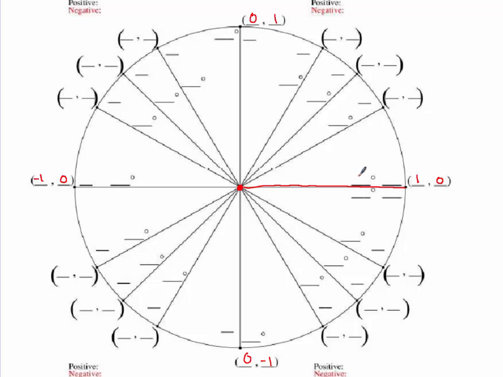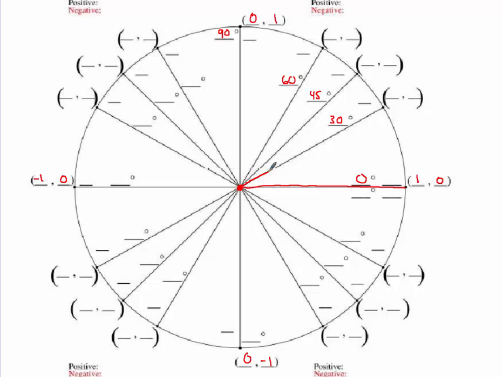So when we start here, we're going to have 0 degrees. Then as our angle opens, this is going to be 30 degrees, 45 degrees, 60 degrees, and then up to 90 degrees. And the angles that we're talking about are the angles down here.